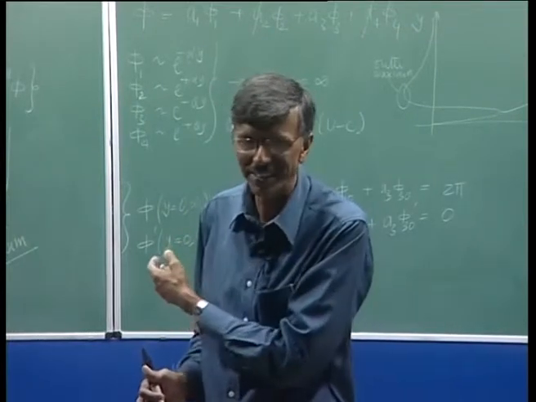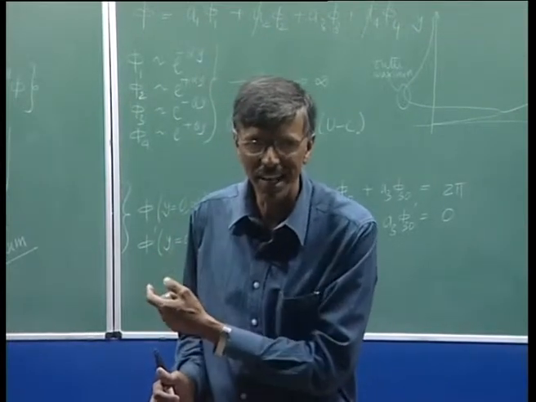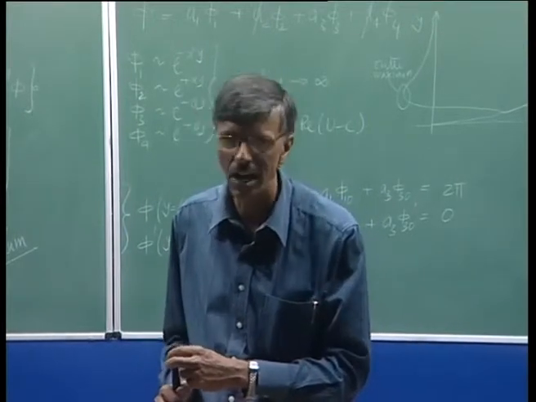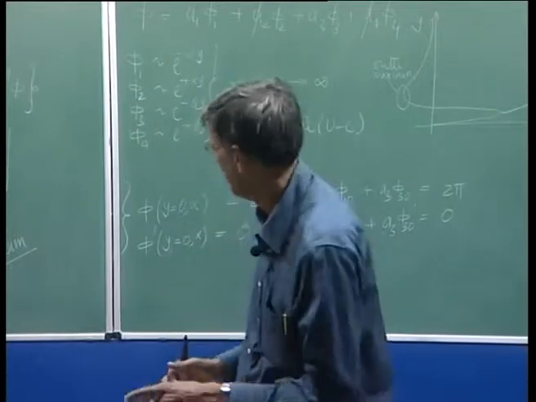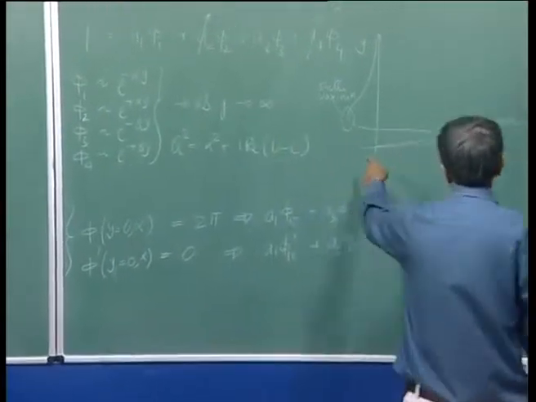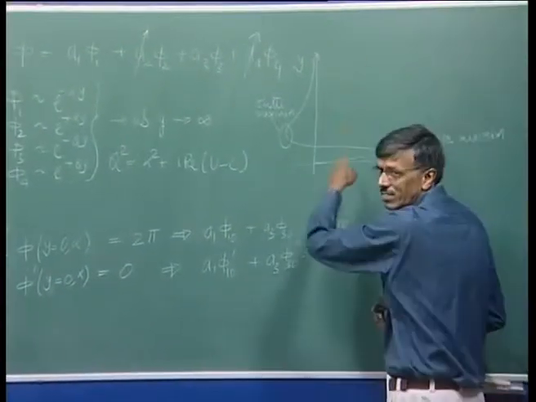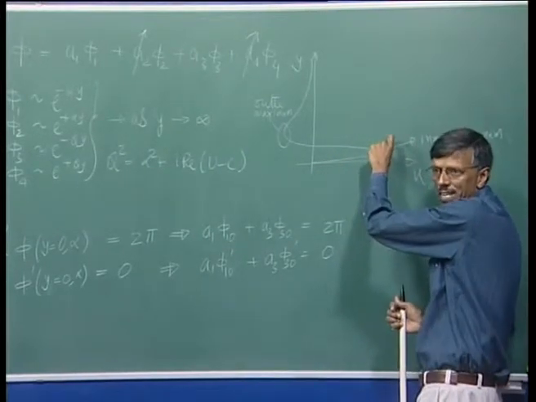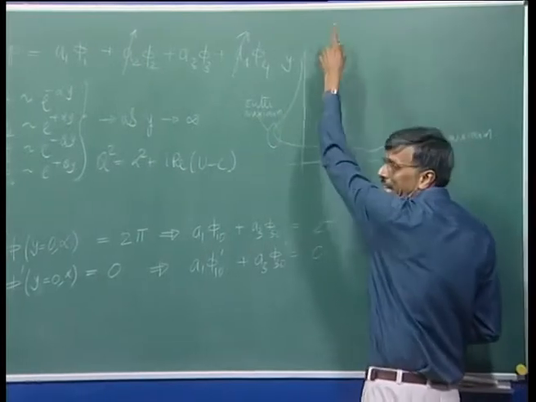For me, it appears that is a very pedagogic exercise, and does not hold water from the practical aspect. See here, I have shown you the phi structure is like this. It remains very much buried inside the shear layer. As you go out, it decays.